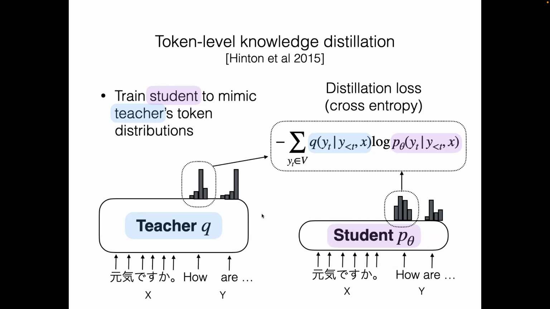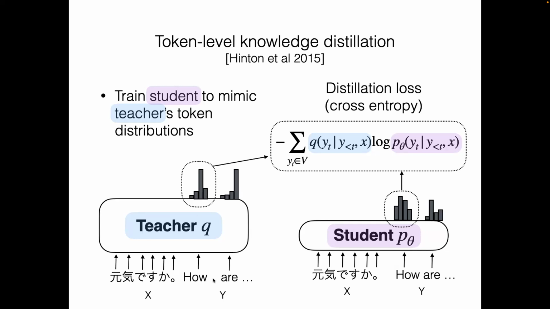The intuition here is, number one, the teacher probably has better next token distributions than the student, like the very top of it is better. But then also potentially you can get an even richer signal than just the next token. Potentially these other tokens being high probability are useful.